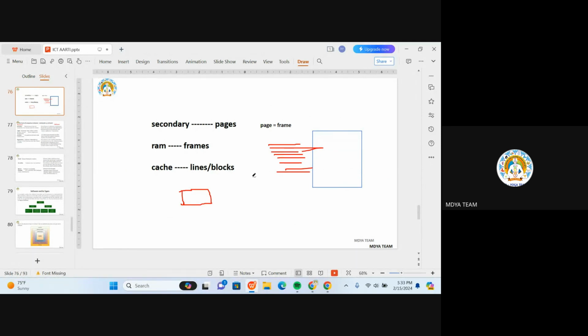It is like a book. In a book there are so many pages. In one book there can be 500 pages, or 1,000 pages. So in a hard disk you can store so many books.